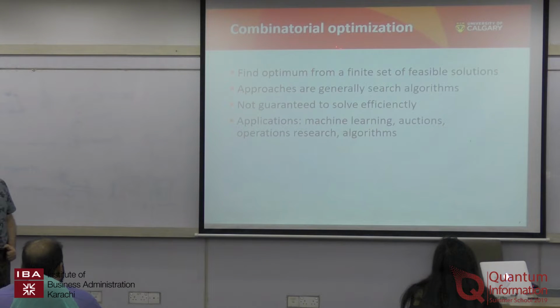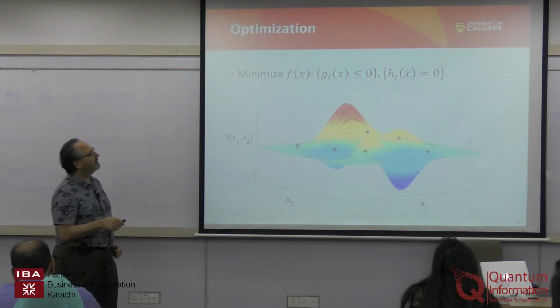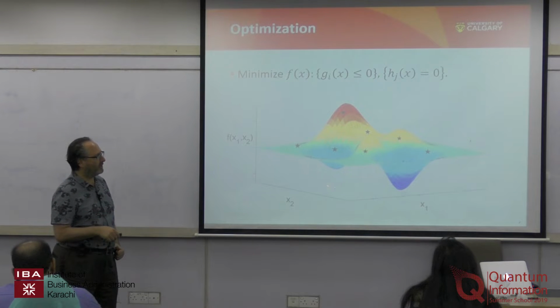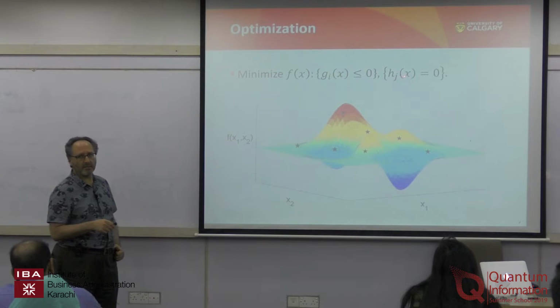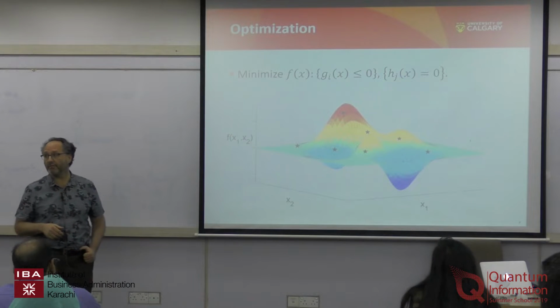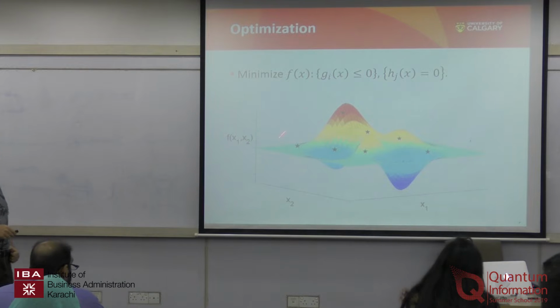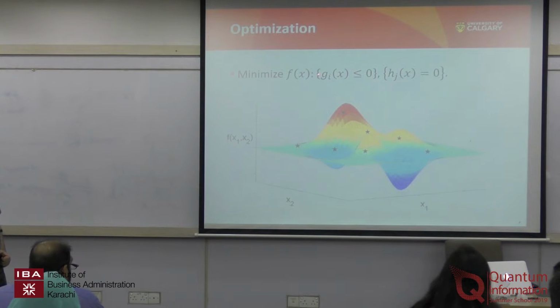And then the combinatorial optimization, it says find an optimum from a finite set of feasible solutions. So let me go back. The idea is that some values of x don't satisfy one of these conditions. They're called not feasible. So any value x that doesn't satisfy it is infeasible. Then we make a list of feasible conditions, and then we optimize.